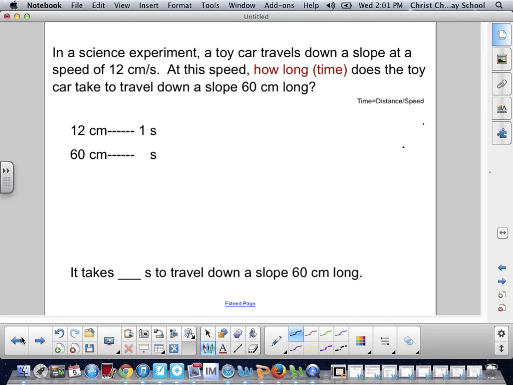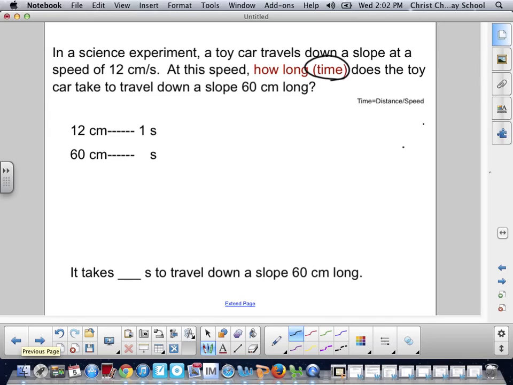At this speed, how long does the toy car take to travel down a slope 60 centimeters long? Okay, so very important, we need to figure out what they're asking us to do, and they're trying to have us figure out the time.